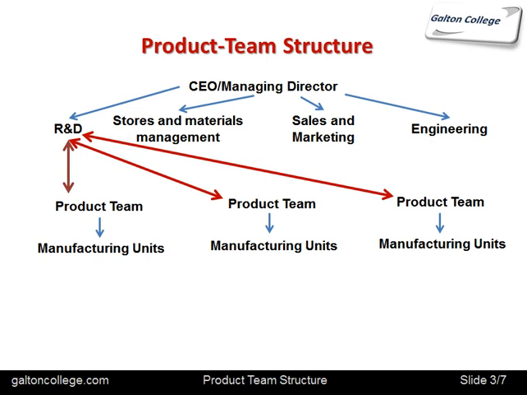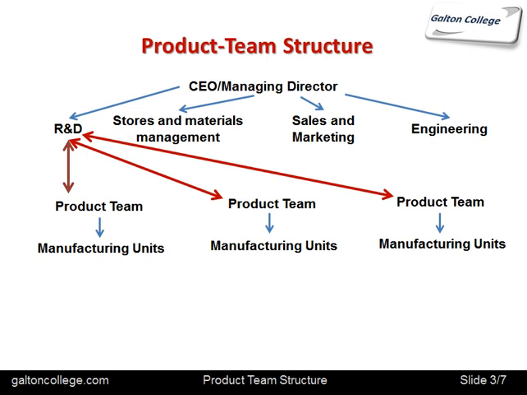So in this case we've got 3 product teams, each making a different product obviously, and each of them drawing on the expertise and resources of the Research and Development Department. Each of the product teams go on to manufacturing units which make the product that they are responsible for. So we have 3 product teams, 3 products, and this is what the business is composed of.